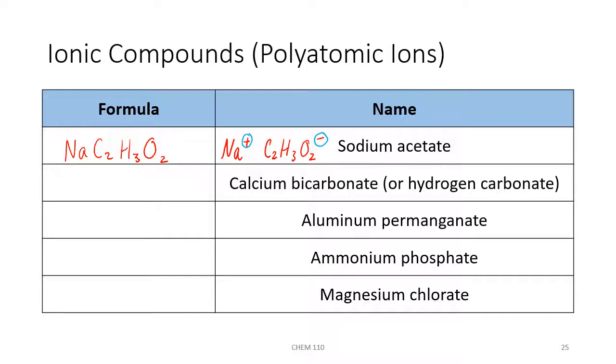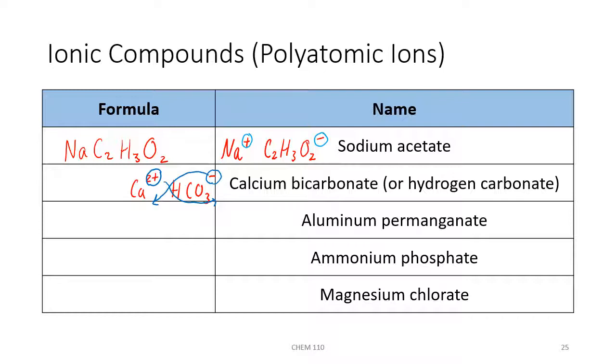Calcium bicarbonate, or another name for bicarbonate is hydrogen carbonate. Calcium is a +2 ion. Bicarbonate, or hydrogen carbonate, that polyatomic ion is HCO3, and it has a -1 charge. So if we're going to write a neutral formula, we have to take our 2 and list it after our bicarbonate ion, and we take our 1 and we would list it after our calcium ion.